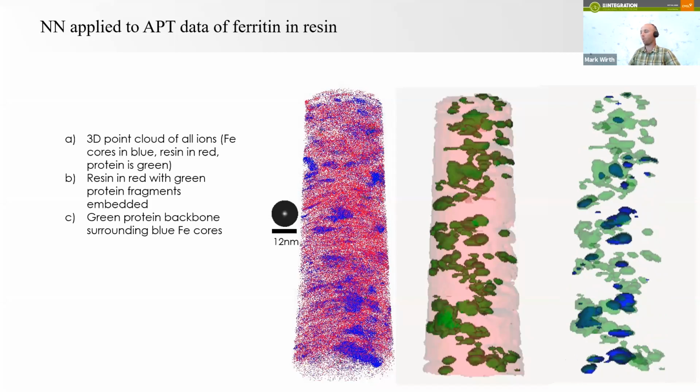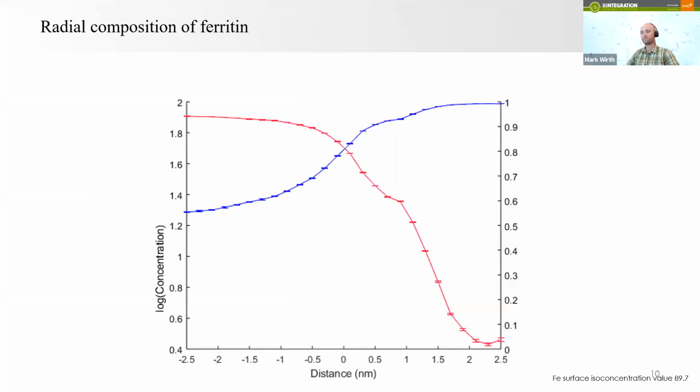One of the things that we do to quantify a quality like this, because we're just qualitatively looking at this and saying, hey, it looks like there's protein around that core, but it's just what I'm looking at. So one of the more quantitative methods we use in APT frequently is what we call a proxygram. In a proxygram, the blue is the concentration of the iron cores, and the red is the concentration of resin.